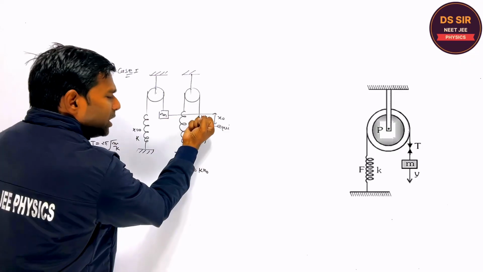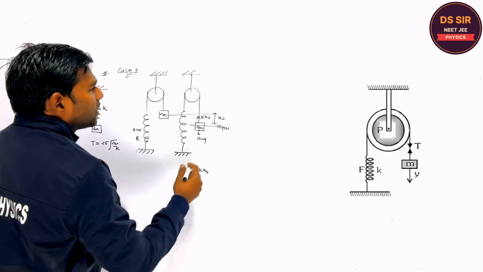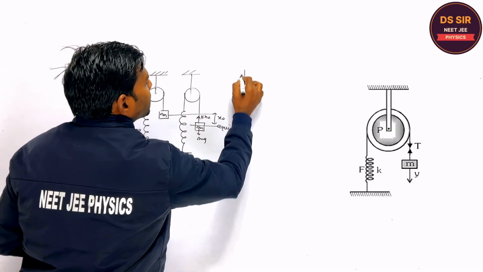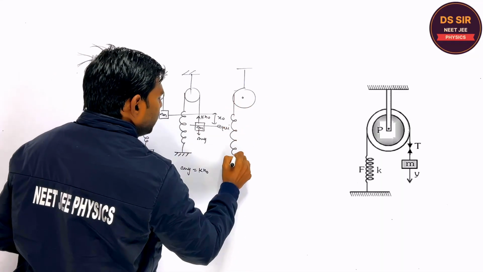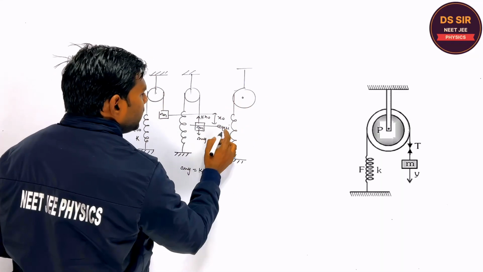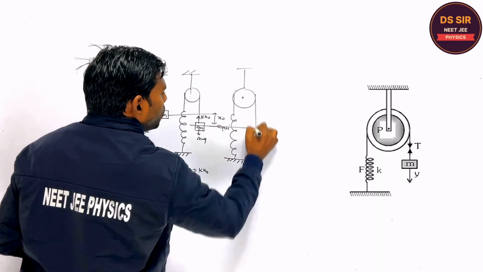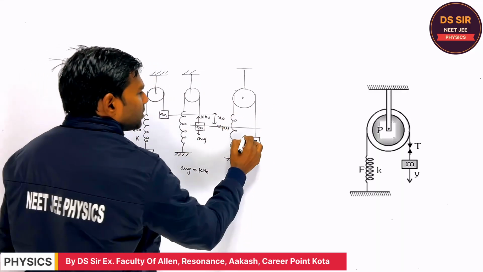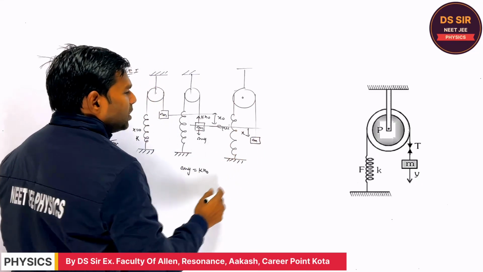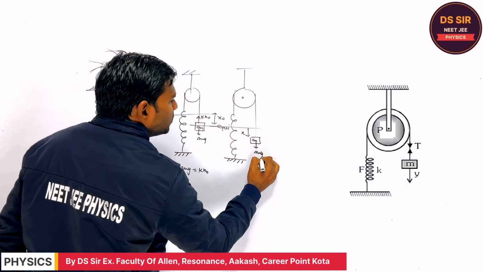If you release, if you pull it down further by distance x, there will be some more elongation in the spring. You have given a small displacement x further. So you tell me, how many forces are acting? mg.